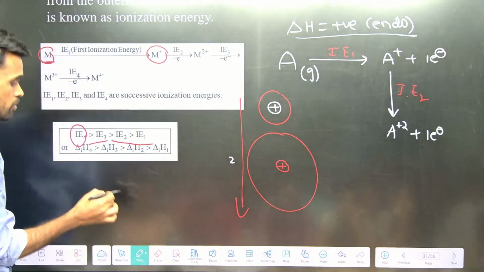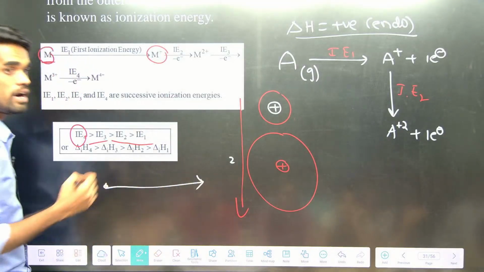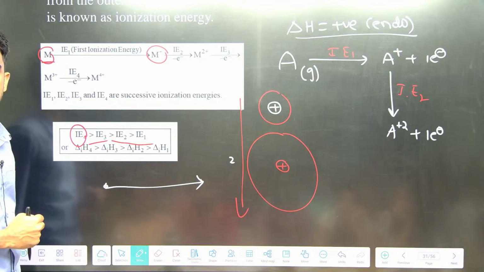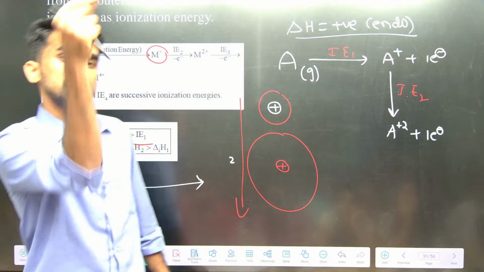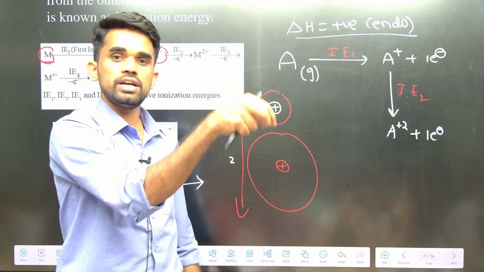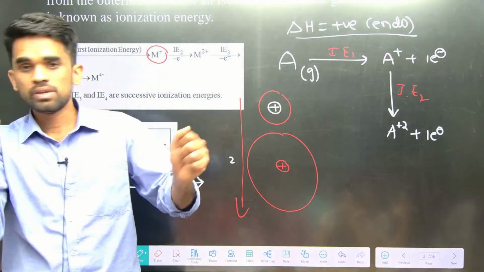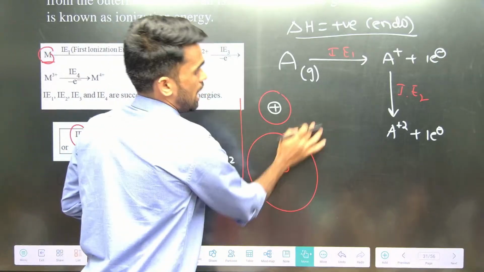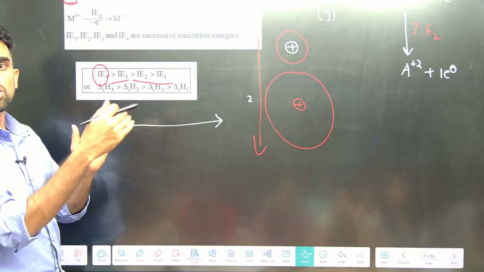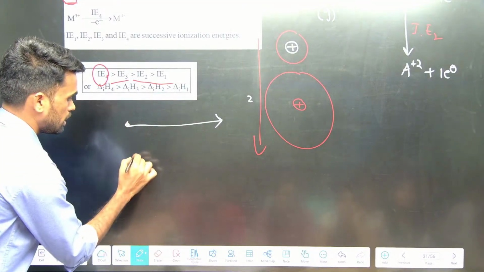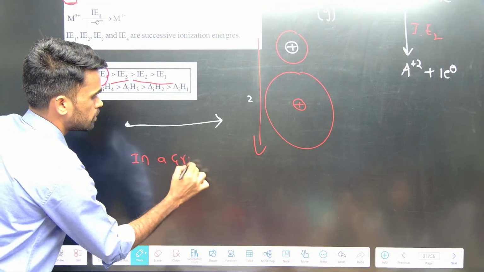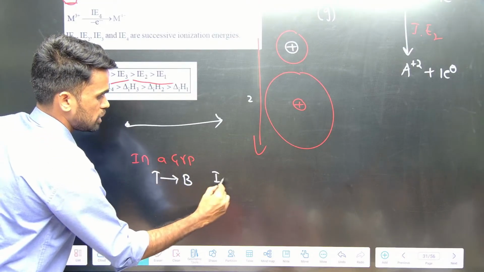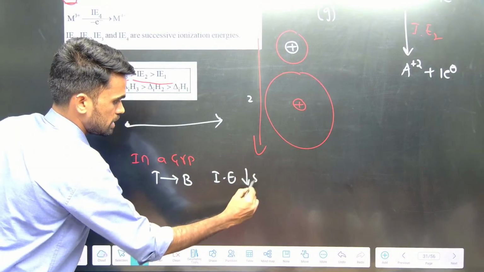Okay. Now going from left to right, what happens to ionization energy? They will say increases. Why does it increase? They will ask. Because that electron is entering into the same shell, so it is difficult to remove the electron. So you can write like variation in ionization energy across the period and down the group. Okay. So in a group, top to bottom ionization energy decreases.